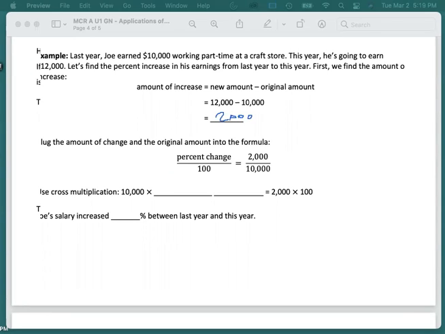I don't know, this is set up weird. So I would reduce this first. I'm going to cross off this and this. And then 100 times 2 is 200 divided by 10. So it's a 20% increase between last year and this year.